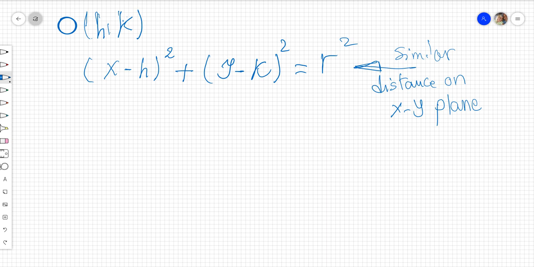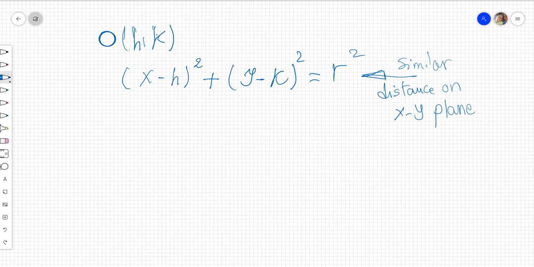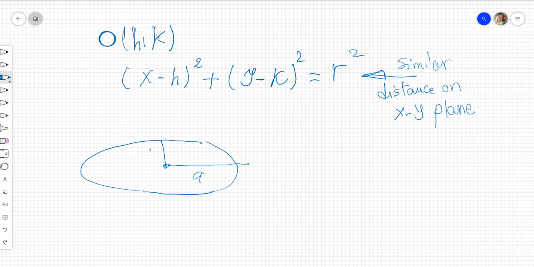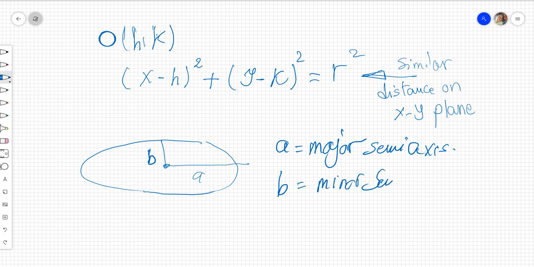Okay, also if we have an ellipse, you know the ellipse has two radii. The ellipse is like this, having A radius and B radius, where A is the major semi-axis and B is the minor semi-axis.